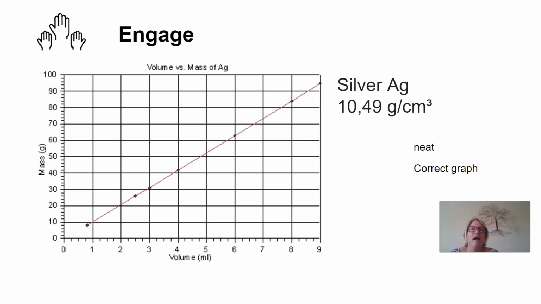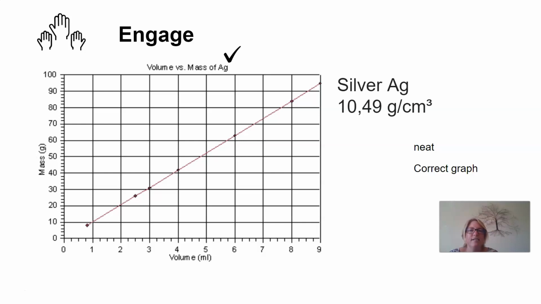The other thing that I'd like us to engage in is graphing skills. I just want to recap everything that you need to remember when drawing a graph or looking at a graph and going through a graph. The first thing you need to remember is your graph always needs to have a heading.